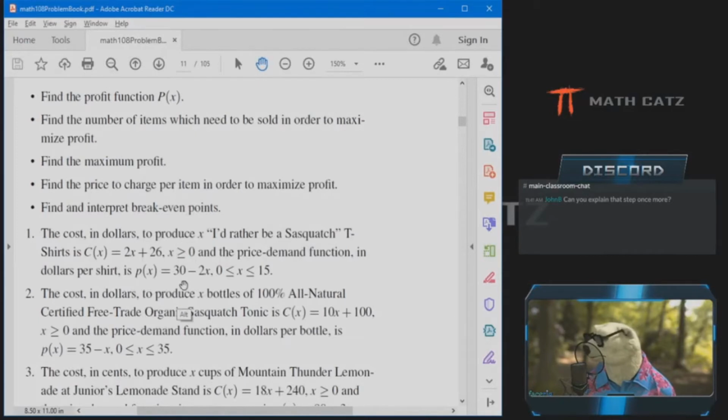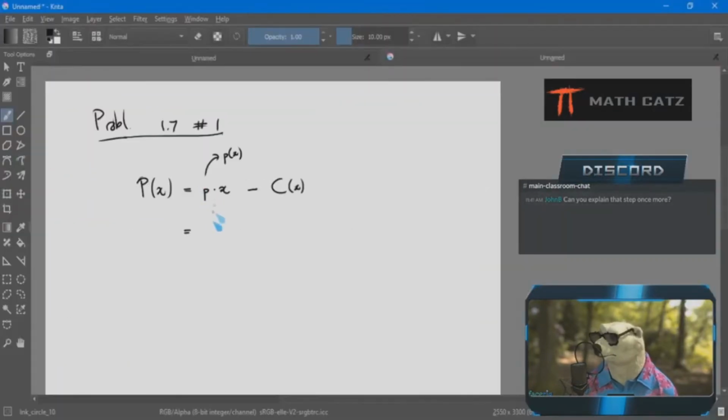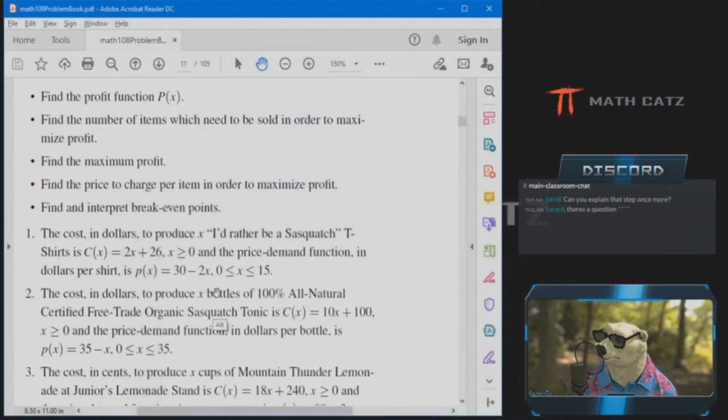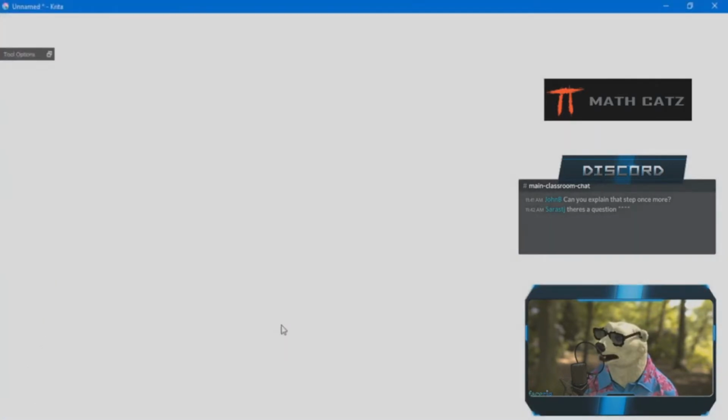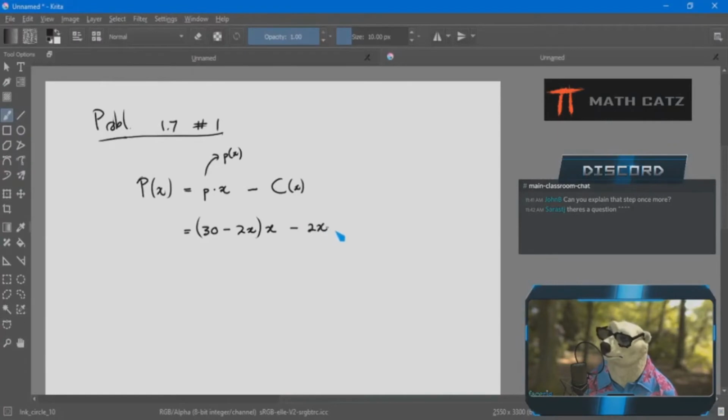Little p is 30 minus 2x, times x, minus cost, 2x plus 26.